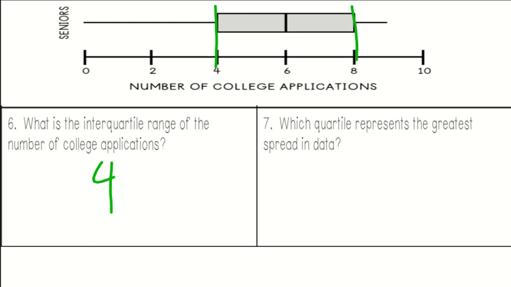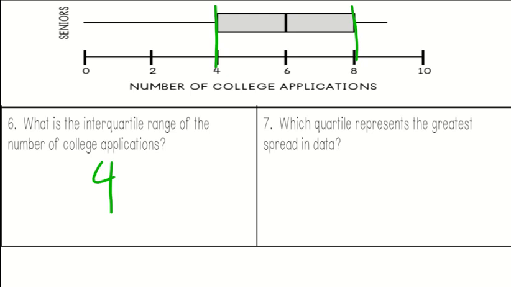Now it gets a little bit different. Number 7 here is asking which quartile represents the greatest spread in the data. So how many quartiles are there? 4. There's 4 quartiles, 4 sections.